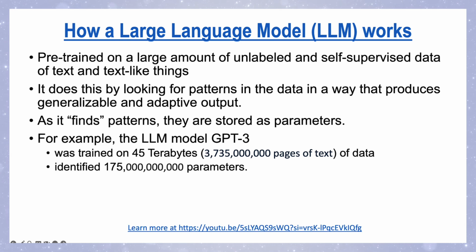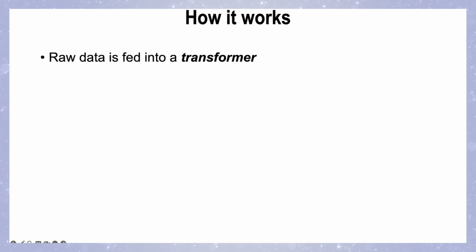And if you want to read more about any of this stuff, each of these underlined items in the accompanying PDF is a link to web articles or videos that tell you in more detail. My goal here is not to tell you how to do it, but just to give you an overview and maybe some places to look. So the raw data is fed into a transformer.